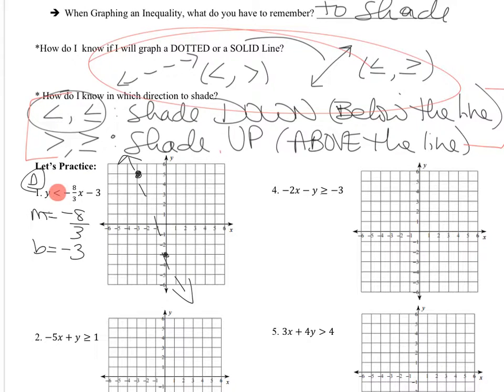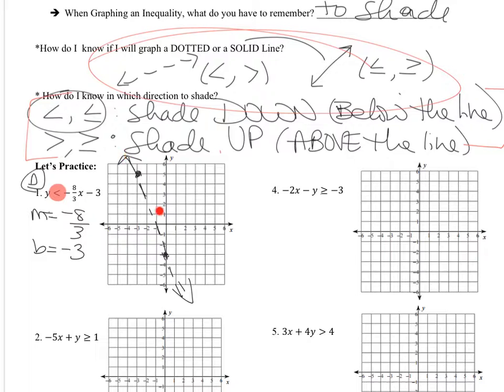Friendly advice: if you accidentally draw a solid line and then realize you actually have to do a dotted line, here's your cheat. You take your eraser and just erase little marks to make it look like a dotted line.